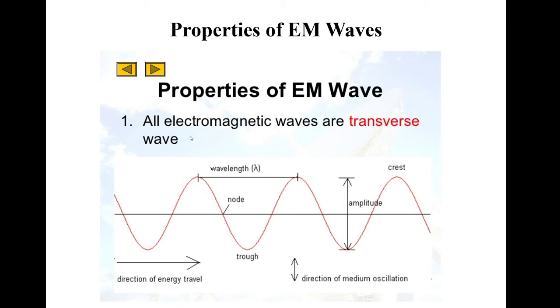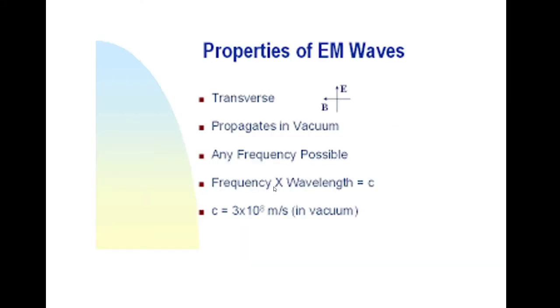And waves are transverse, meaning the electric field and magnetic field are perpendicular to each other and perpendicular to the direction of propagation. Another important property, electromagnetic waves do not need a medium in which to travel. Now, other types of wave, such as sound waves, do need a medium in which to travel.